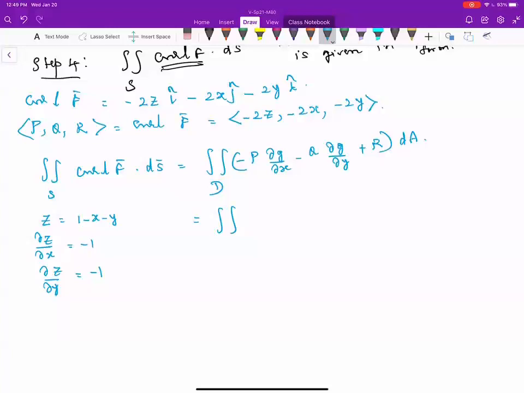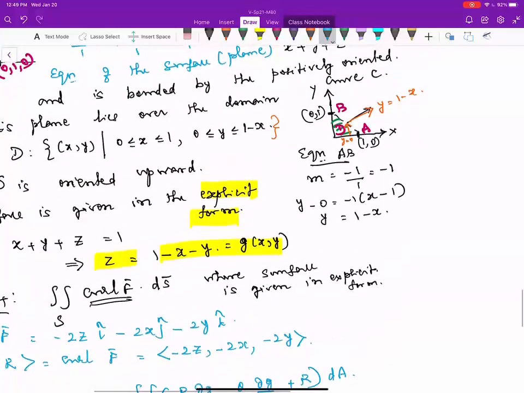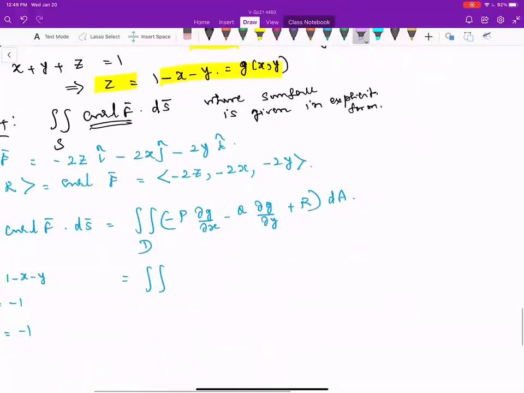The domain is a triangle here, where x runs from 0 to 1, y runs from 0 to 1 minus x. So we have the limits there: 0 to 1, which are the definite limits for x, and y runs from 0 to 1 minus x.